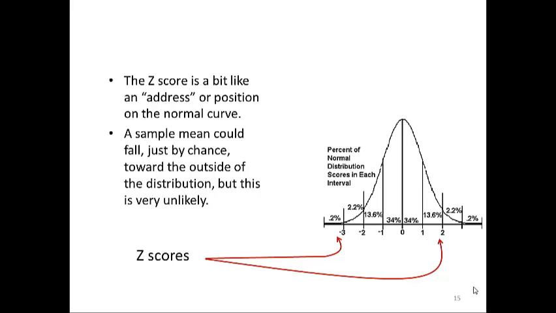The z-score is a bit like an address on that normal curve. A z-score could fall just by chance toward the outside of the distribution, but this is not very likely. If our z-score does fall in these extremes, we know that means it's probably not by chance. It's probably because of something that our test proved.